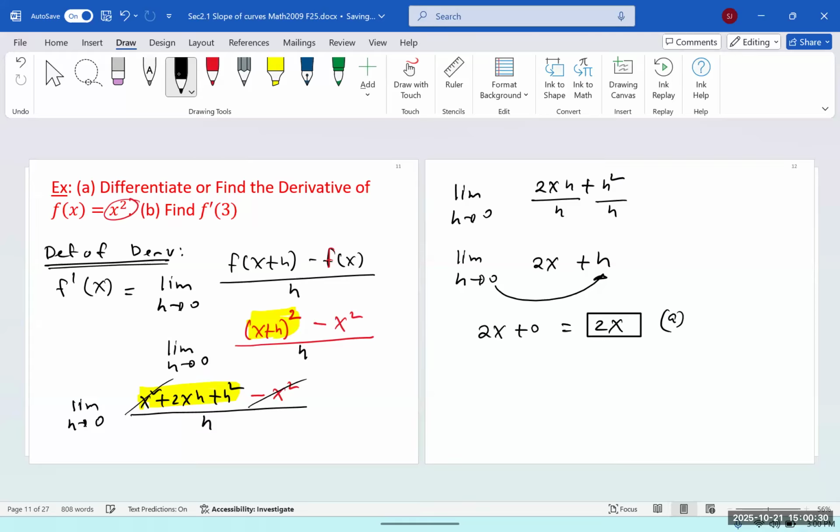So this is A. Find the derivative of f of x equals x squared. Now B says once you find the derivative, find out what the derivative is when x is 3.